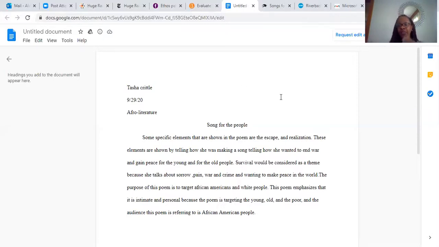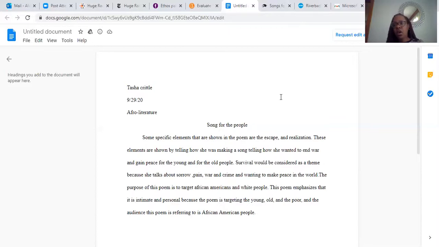There's so many different genres of music because they tell different stories. So I think when she talks about song for the people, she's speaking symbolically about, I want to encourage, I want to uplift, I want to evoke feelings of peace and happiness.